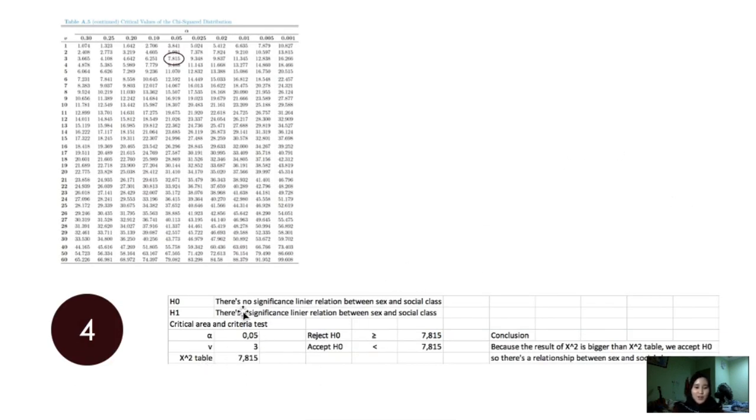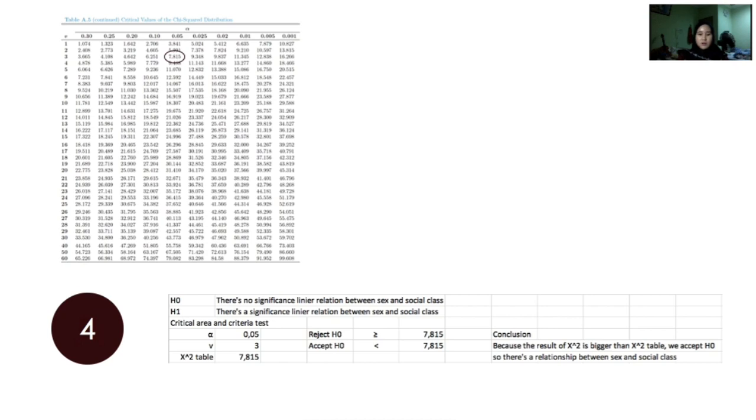After that, we have to define the critical area and criteria test. I wrote it already in here. H0 is that there is no significant linear relation between sex and social class, and H1 is otherwise. So we define the critical area and criteria test. Alpha is 0.05, V is 3.